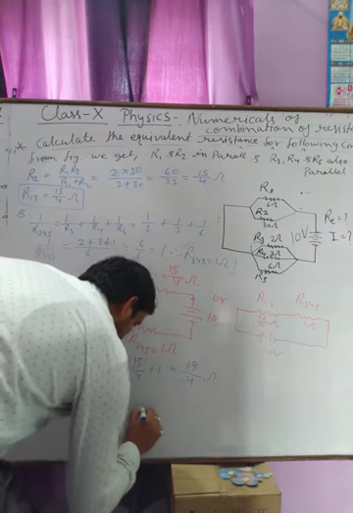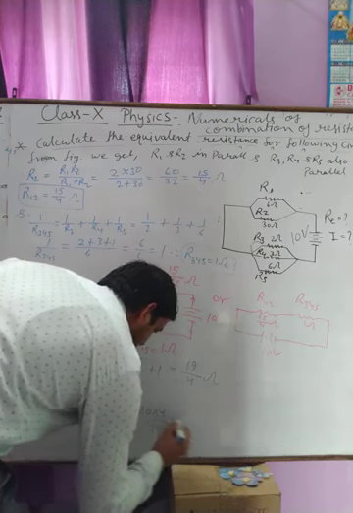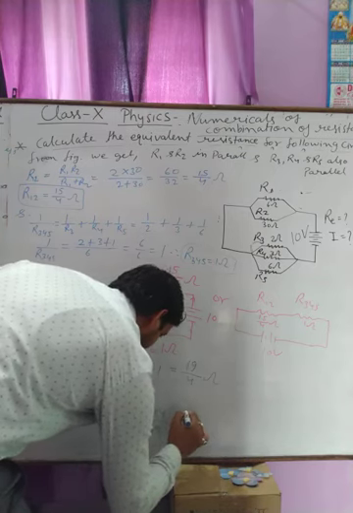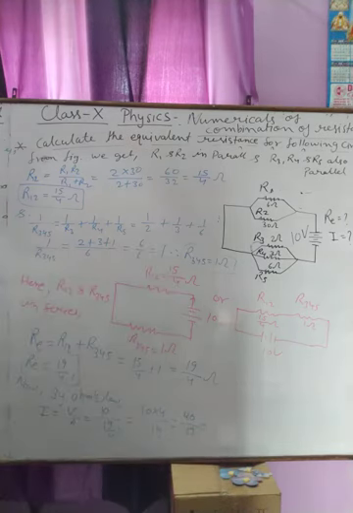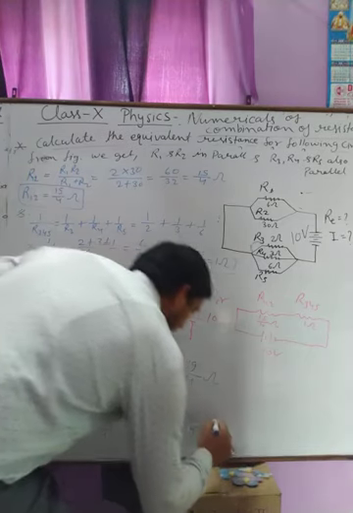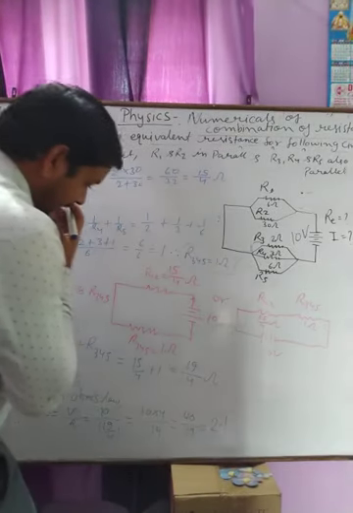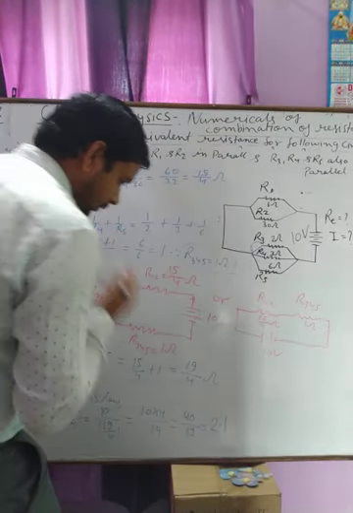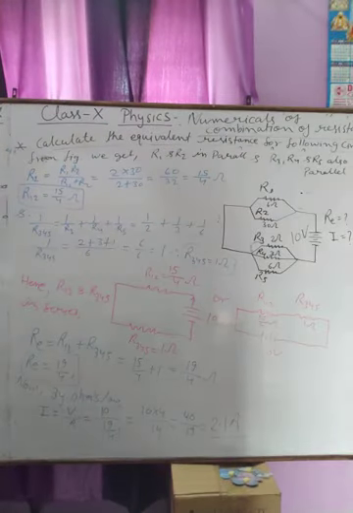This will become 10 into 4 by 19, that is 40 by 19, and it is 2.1 ampere approximately.